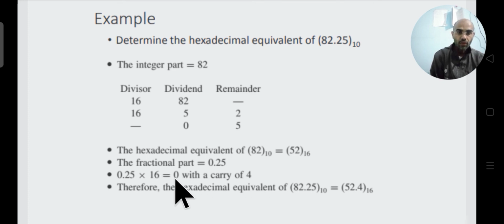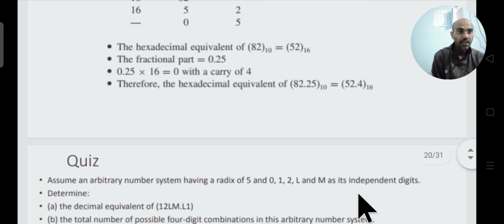In the next step we would multiply the remaining fractional part with the base again. But as the remaining fractional part is 0, multiplying it with 16 will again give 0, so no need to multiply it. Therefore, we can write the total hexadecimal equivalent of 82.25 in base 10 as 52.4 in base 16. So this is the correct way. The method is again the same, but the radix changes.